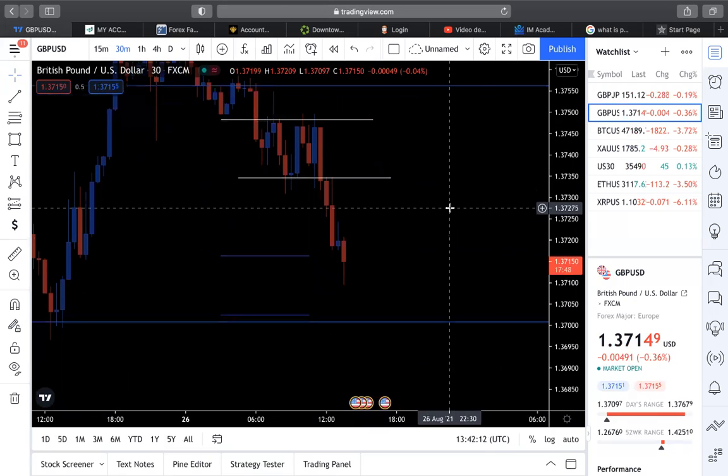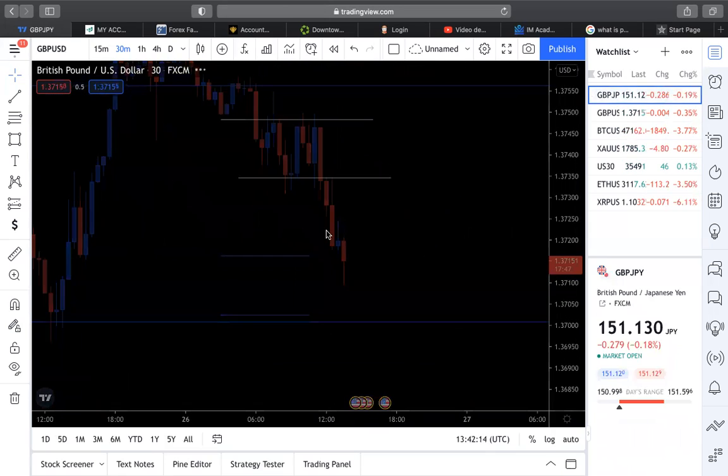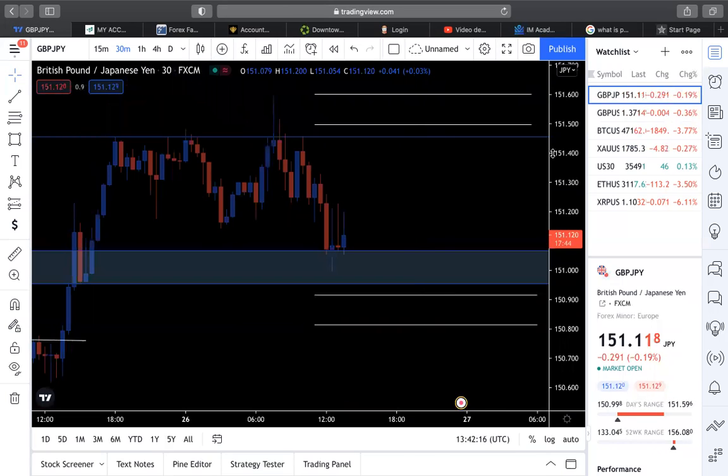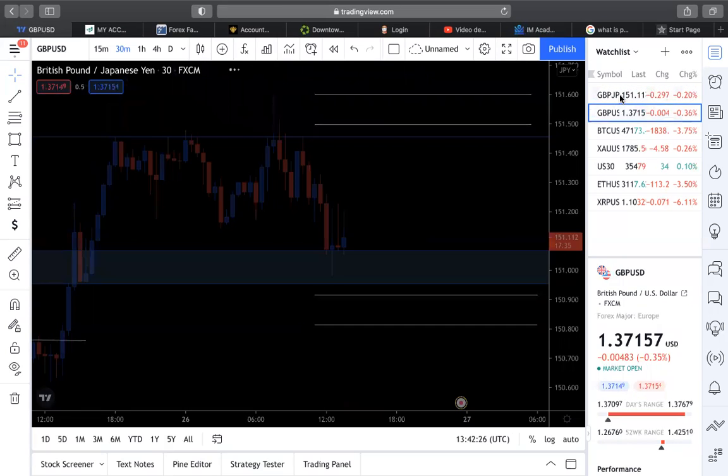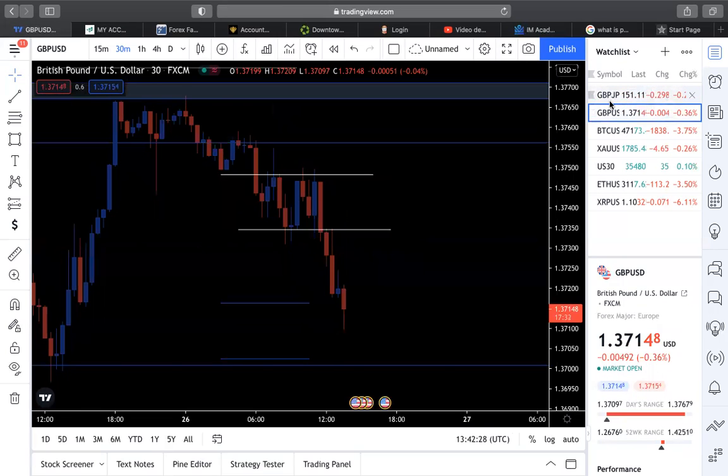So you having some fun over there? Yeah, I don't know why GJ is not dropping. It's probably because JPY is probably strong, maybe. Because normally these two pairs kind of move alike.